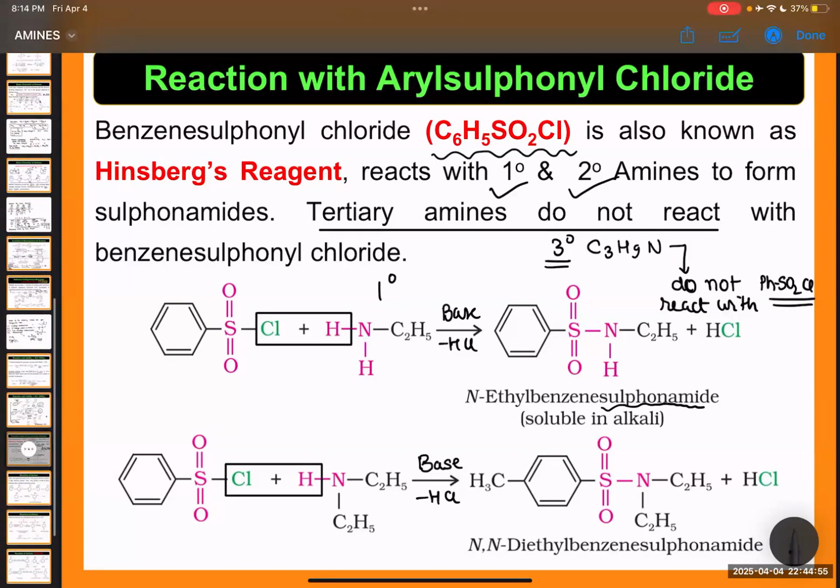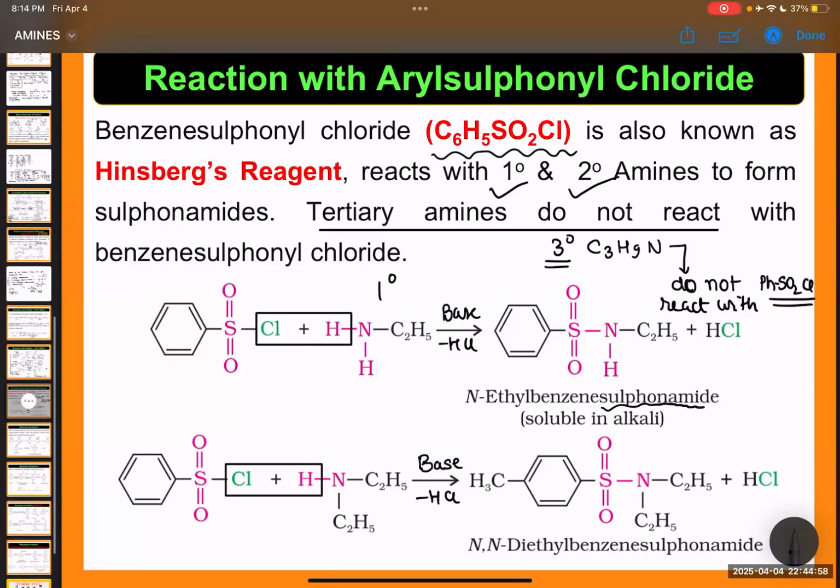So for primary amine, you will get N-alkyl sulfonamide because there is only one alkyl group in the primary amine. So N-alkyl, whatever the alkyl group, N-ethyl, N-butyl. In the secondary, you are going to get N,N-diethyl benzene sulfonamide. Clear?